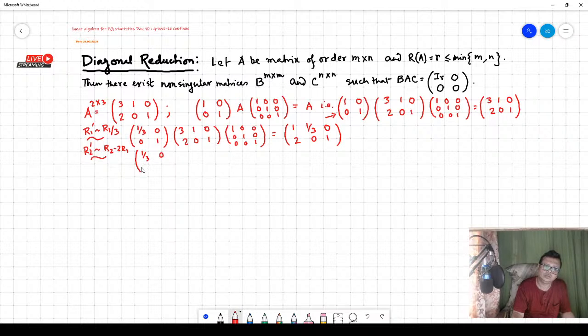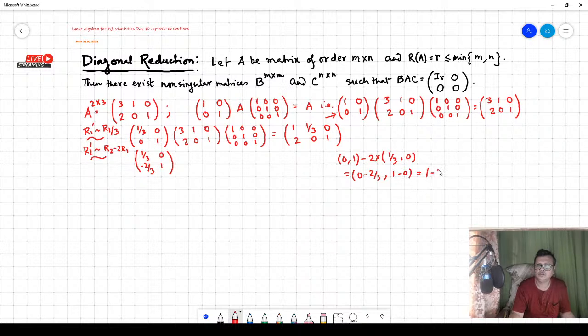So this is minus 2 by 3 1. Actually this is obtained by 1 by 3, the first row, multiplied by 2 and subtracted from the second row, so this gives 0, minus 2 by 3, 1 minus 0.